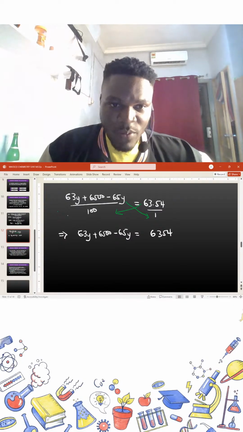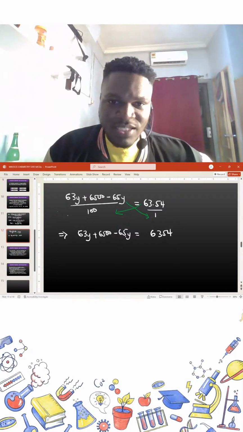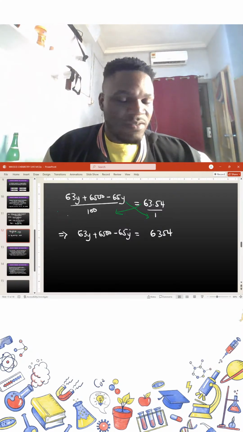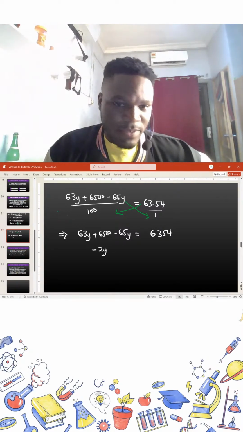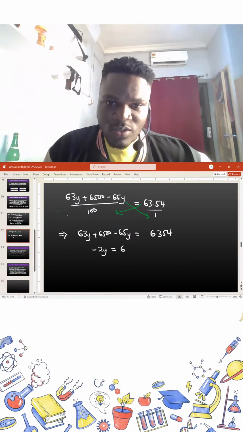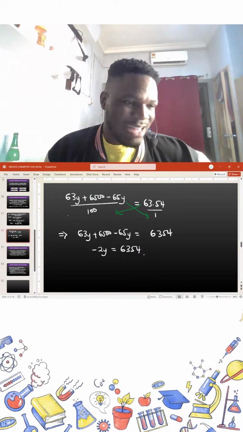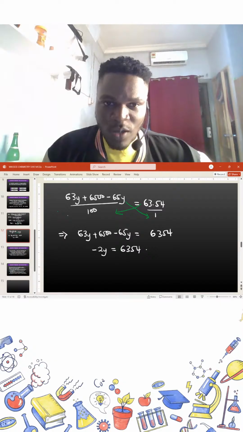Now that we have this, we can proceed to find a solution to our problem. Remember we have 63y here and then negative 65y over here. If we do the subtraction, 63y minus 65y will give us negative 2y. That will be equal to 6,354. Then I'll send the 6,500 to the other side of the equal to sign. It becomes negative, so that will become minus 6,500.